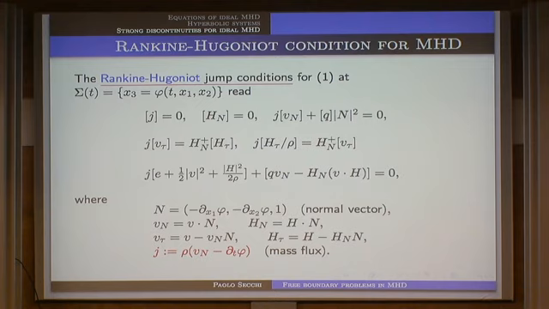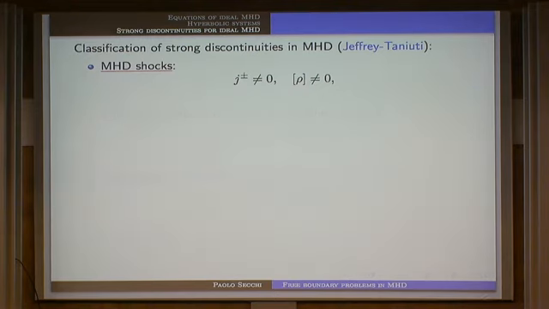This is important for our classification, this J, because these are the Rankine-Hugoniot conditions in general, but they are satisfied in a special form depending on the kind of discontinuity we are looking for. So this is the classification of strong discontinuities according to Jeffrey-Taniuti.